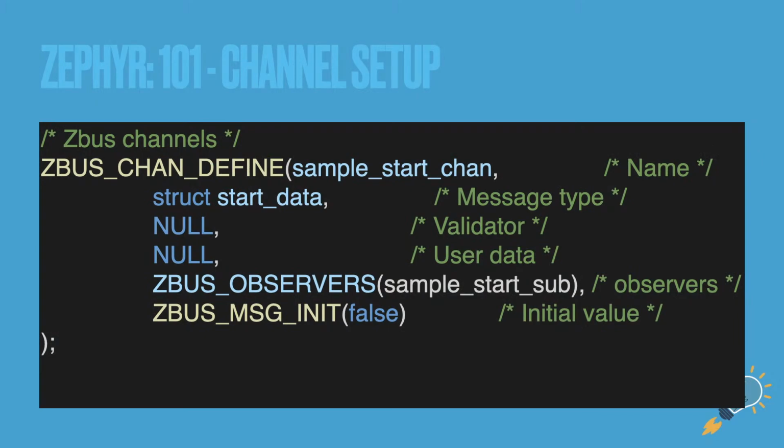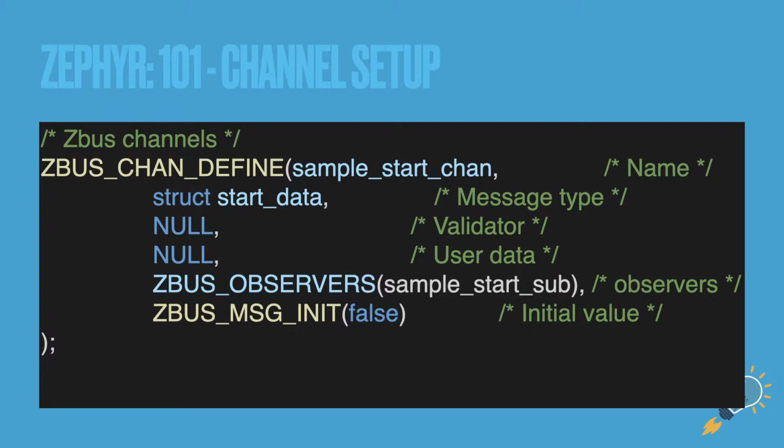So the concept in ZBus is that, and you might find this similarly in different areas of programming in general, there are concepts of channels in other languages and at the operating system level. This is a similar idea.